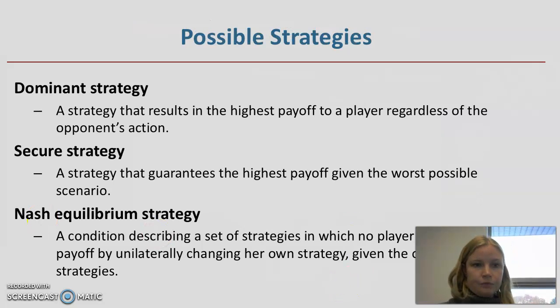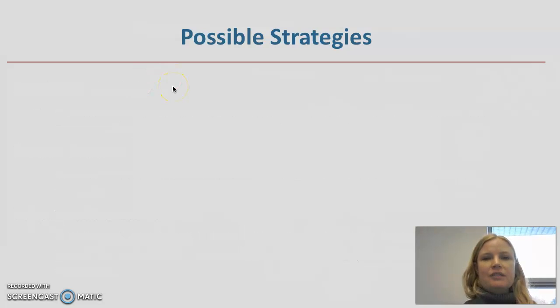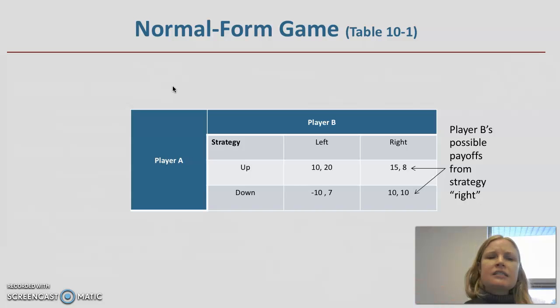A secure strategy, which is something I didn't talk about, is a strategy that guarantees the highest payoff given the worst possible scenario. Sometimes I like to think like this: worst case scenario, I'll still be okay, right? So for player B, let's think about this. If it chooses left, it's either going to get 20 or 7.